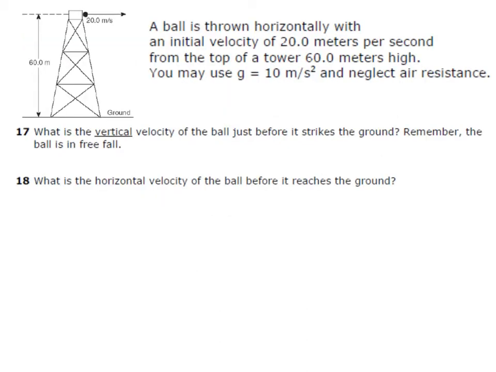Using the same information, the next question says, what is the vertical velocity of the ball just before it strikes the ground? Well, we can use V final is equal to V initial plus GT, or AT. Either one, AT or A and G are the same.